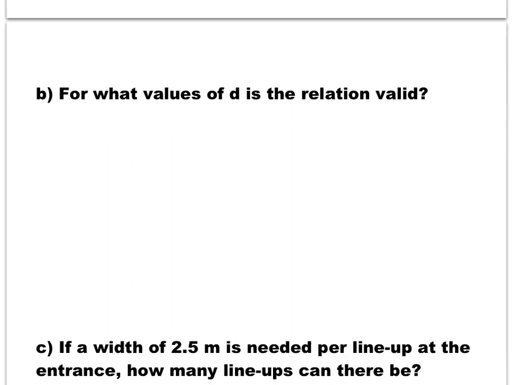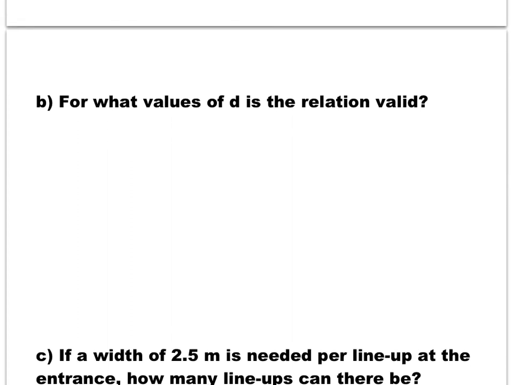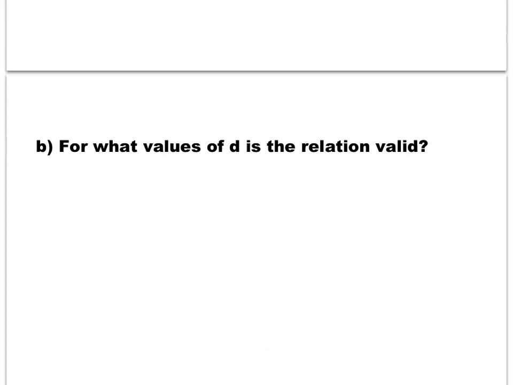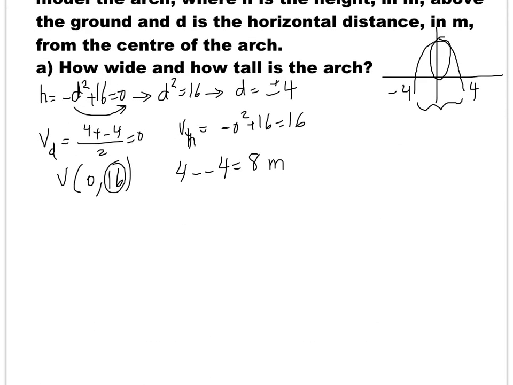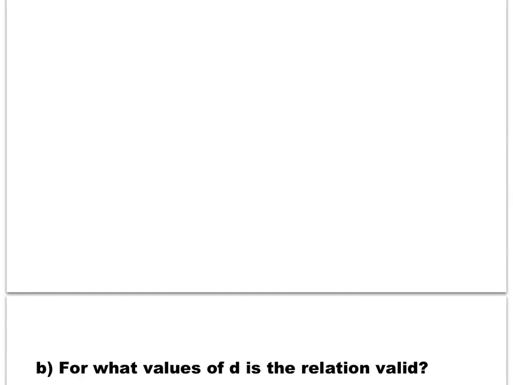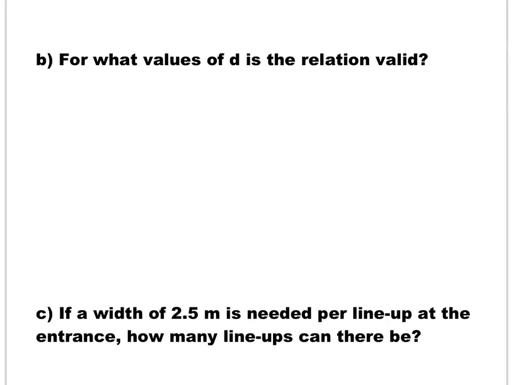The second part of the problem says, for what values of d is the relationship valid. If you look at the relationship, it was negative d squared plus 16. We know that h, which is the height, has to be greater than or equal to 0. So negative d squared plus 16 has to be greater than or equal to 0. If I move negative d squared to the right, I get 16 has to be greater than or equal to d squared.